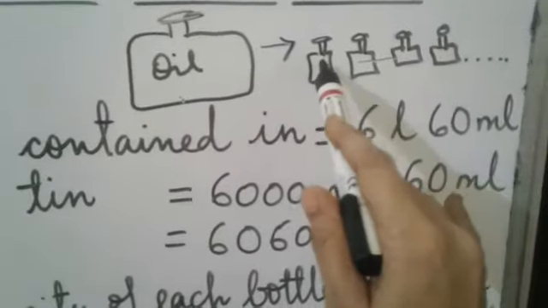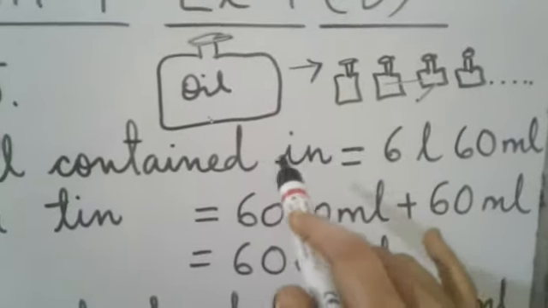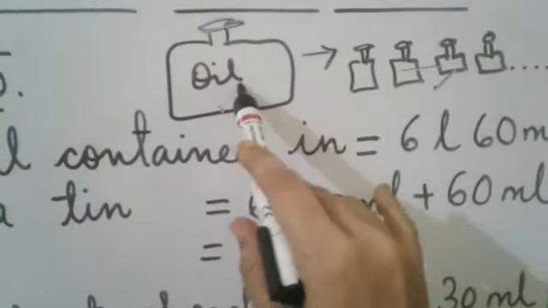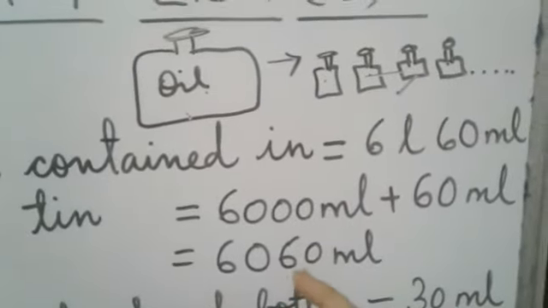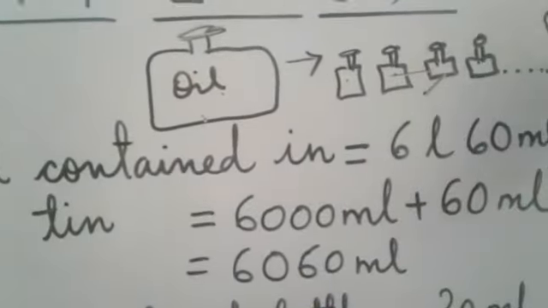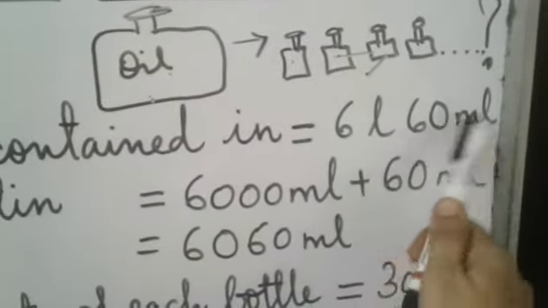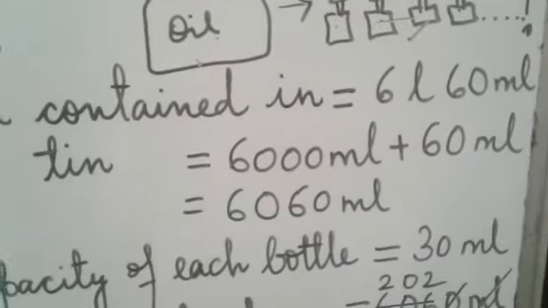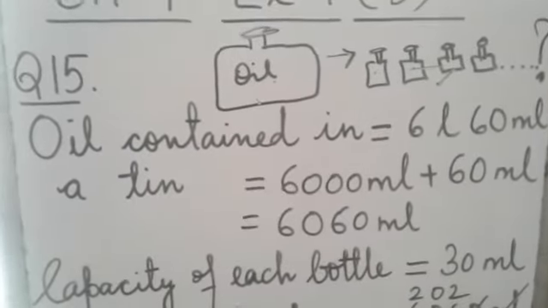Identical means similar. I know this is not similar. I am not that good in drawing, but still, this oil has to be filled in small identical bottles, that is containers. So we have to find out how many bottles will be needed to fill 6 liter 60 ml of oil. Alright, so we have to find out the number of identical bottles.